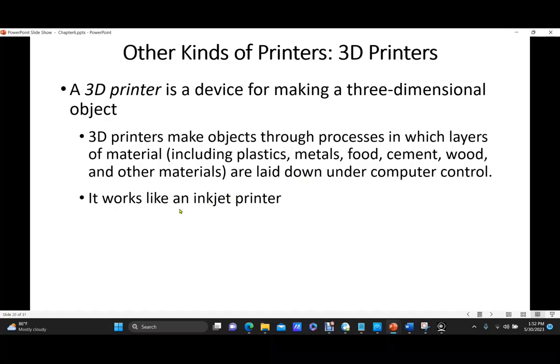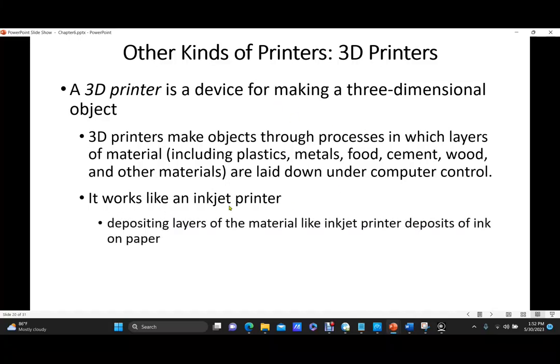It functions kind of like an inkjet printer, but of course it doesn't use ink. It uses solid material, depositing layers on top of layers, like an inkjet printer deposits ink on the paper.